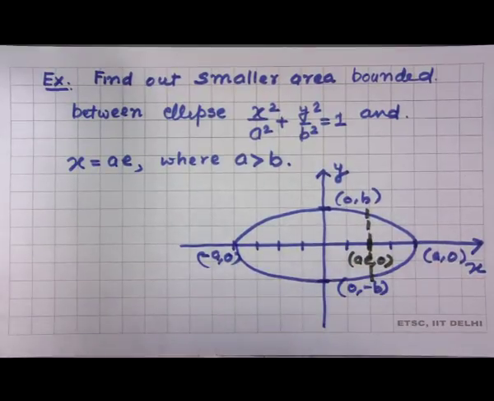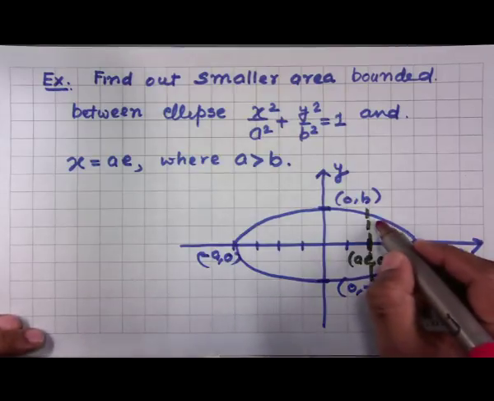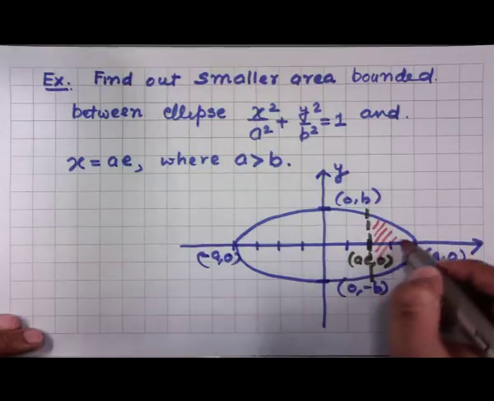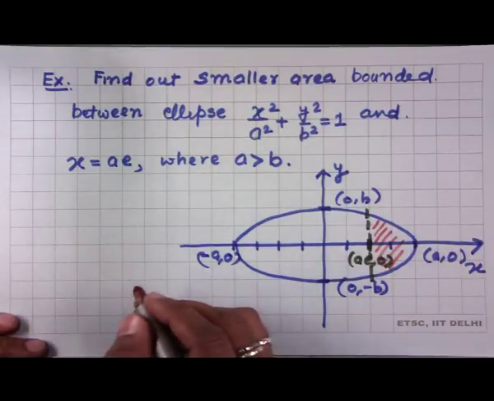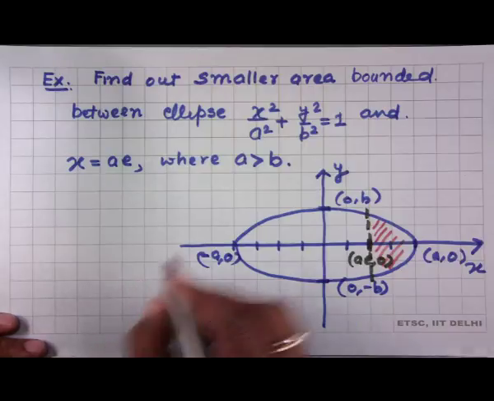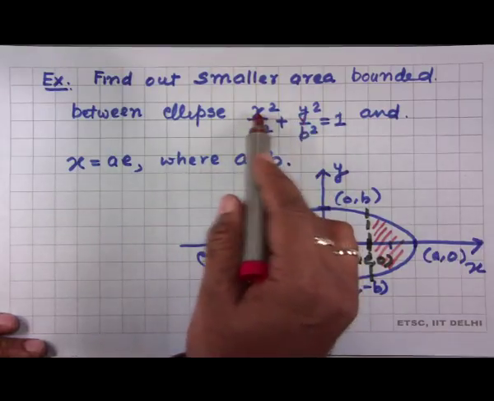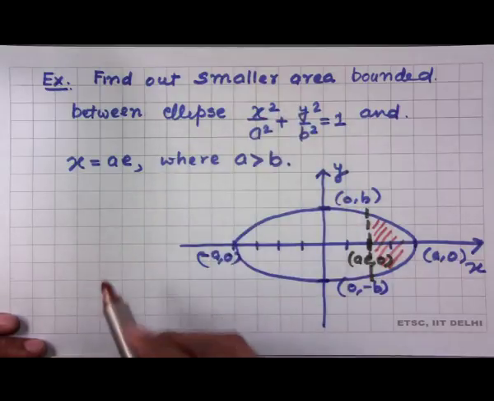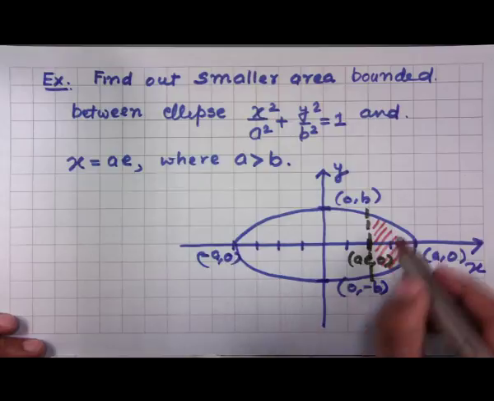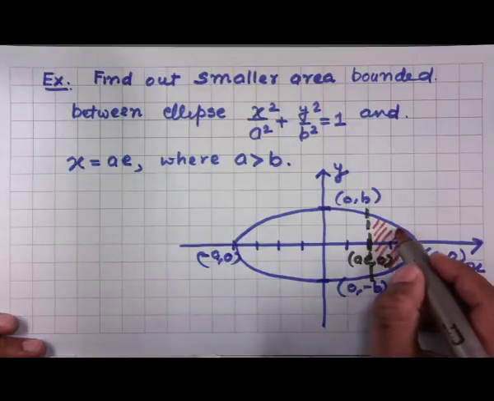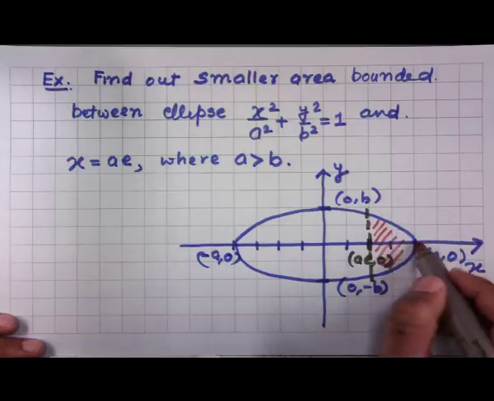Since we are looking for the smaller area bounded between the ellipse and this line, the required area is this. Again, you know that the ellipse is symmetric both about x and y axis because the powers are even. So, this area is symmetrical about x axis.